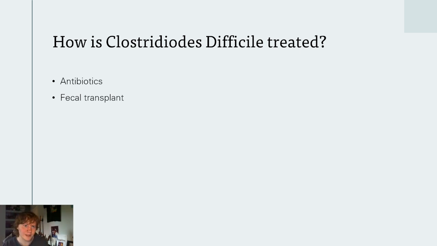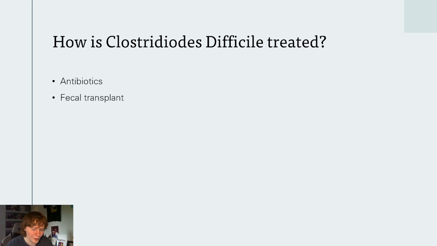If the C. diff case is so severe that antibiotics aren't really working, or something like toxic megacolon is occurring, and toxic megacolon is where a segment of your large intestine becomes so inflamed and dilated that perforation can occur, and perforation is just when a hole or an opening happens somewhere in that segment.